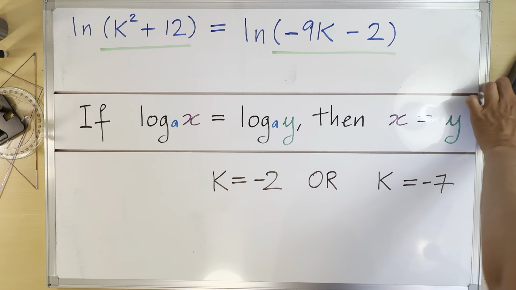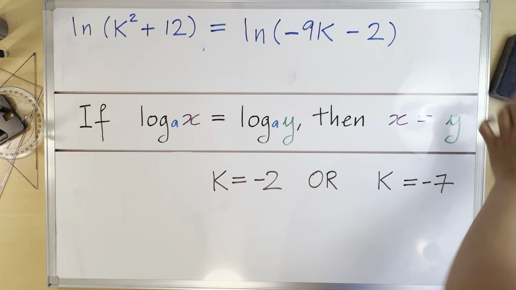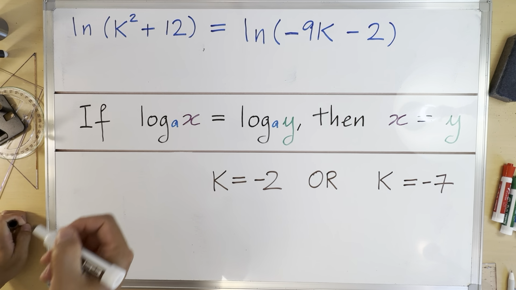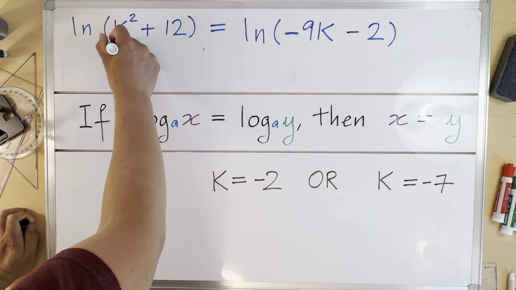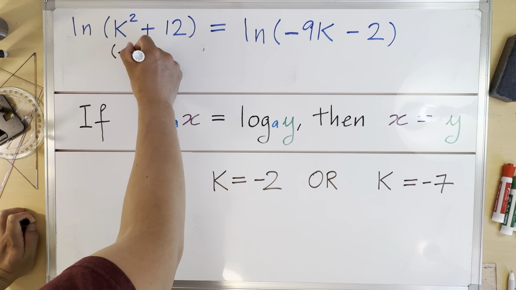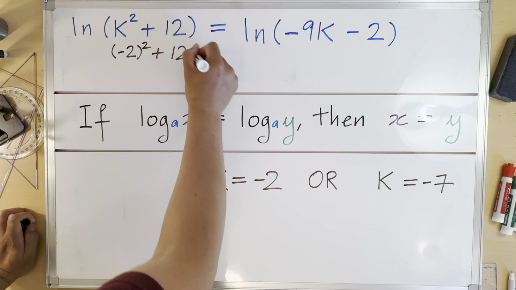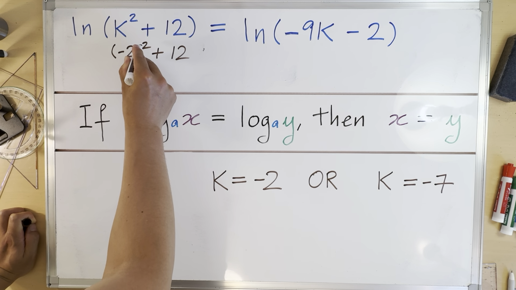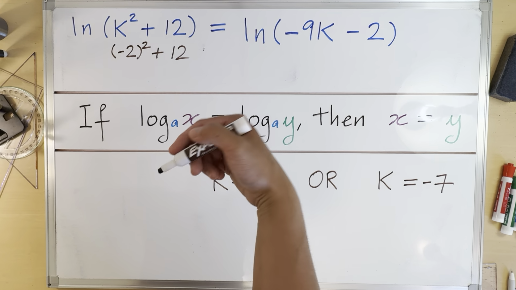So, if k is equal to negative 2, then k squared plus 12 would be equal to negative 2 squared plus 12, in which negative 2 squared, not just the 2 is being squared, but the whole entire thing, including the negative sign, is also being squared.